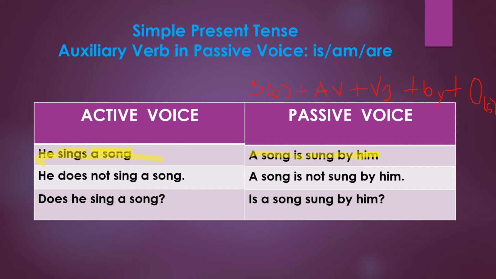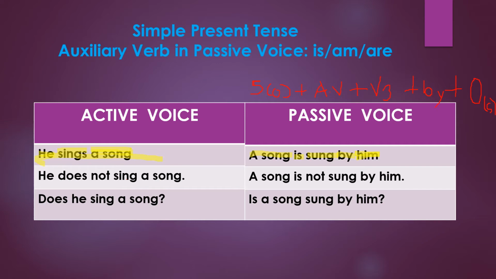Question sentence of simple present tense, that is, does he sing a song? As we have already studied, do, did and does will not appear in passive voice, rather they change to the auxiliary verb is, was, were, according to the tense.